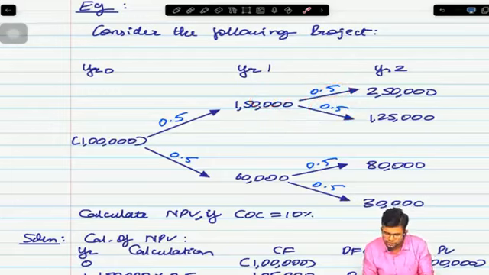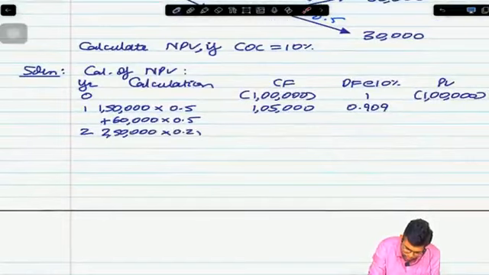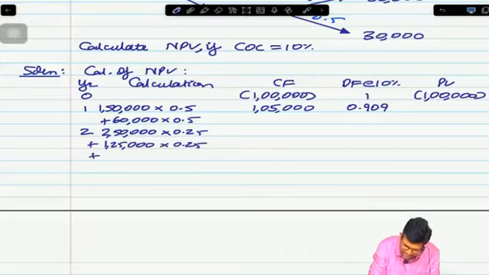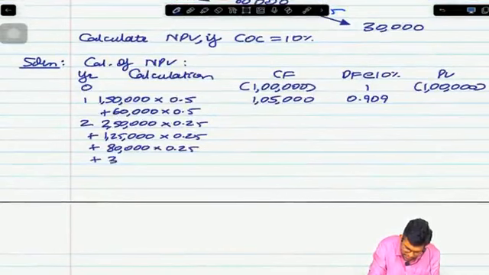So 250, 125. So I'll write here 250 into 0.25 plus 125 into 0.25 plus we have got 80 and 30. 80,000 into 0.25 plus 30,000 into 0.25.